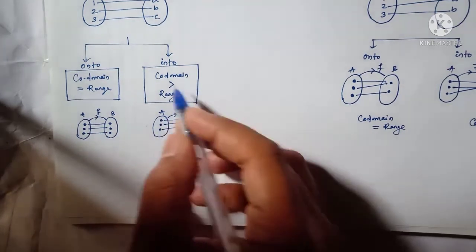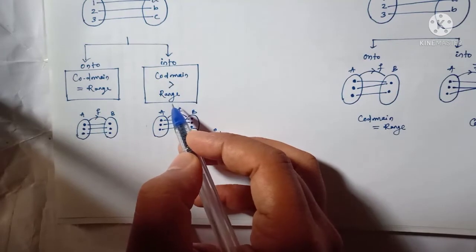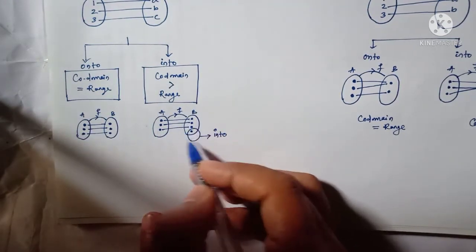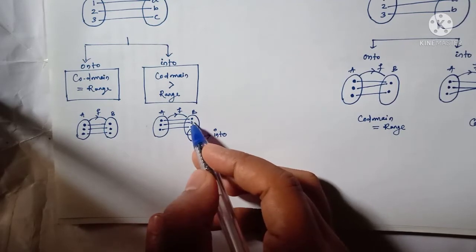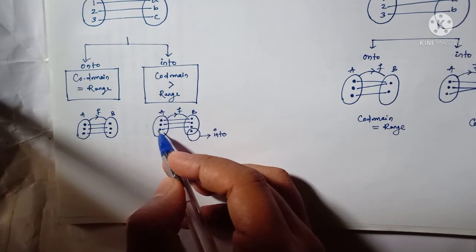And it is an into function when the codomain is greater than the range. As you can see here, in the codomain we have 4 elements, and in the domain set A we have 3 elements.